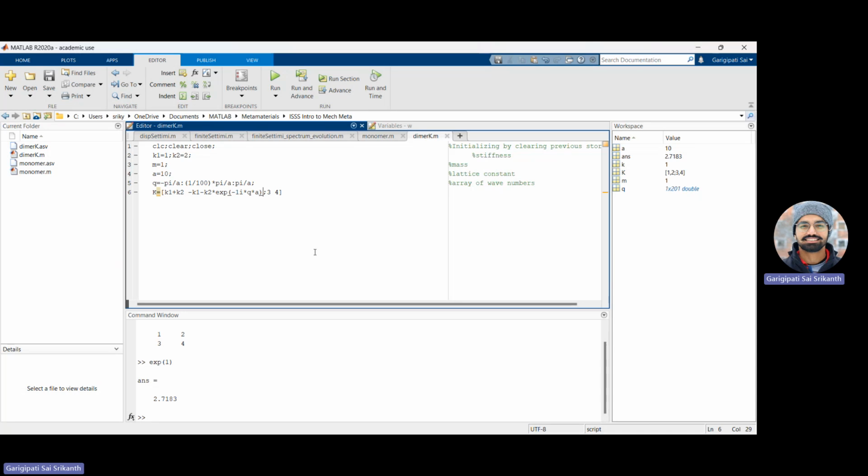The same thing. But instead of the last term, if I remember correctly, it was K1 plus K2. Yeah, plus K2. Awesome.